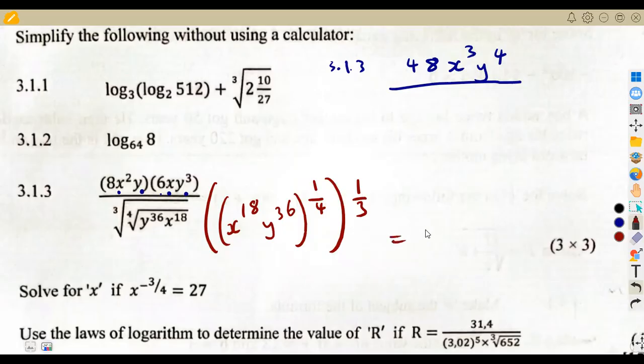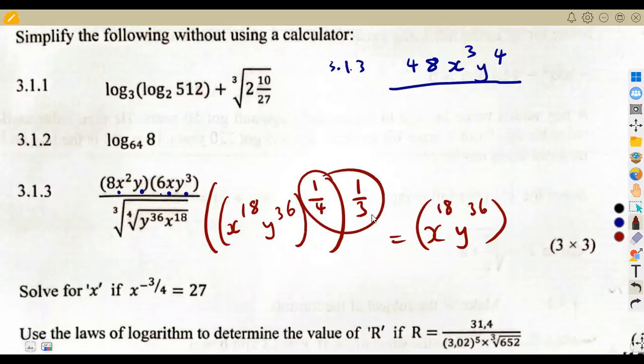So this will give us x to the exponent of 18, y to the exponent of 36, everything to the exponent. If we multiply these two, 1 over 4 times 1 over 3, we are going to get 1 over 12.